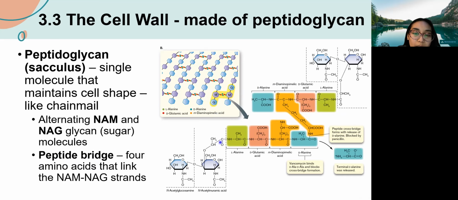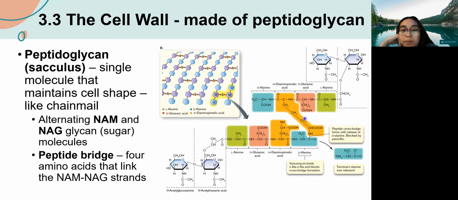So technically, it's actually 8 amino acids, but it's 4 coming from this NAM and 4 coming from the other NAM. This is a NAM here, the purple, and this is a NAM. So there's 4 amino acids coming off of here, 4 coming off of here, and they overlap a little bit at the edge. And so that's how the peptide bridge is formed. Okie dokie. So, yep, that's the structure of peptidoglycan.